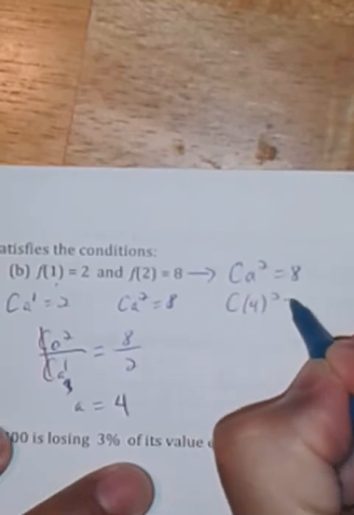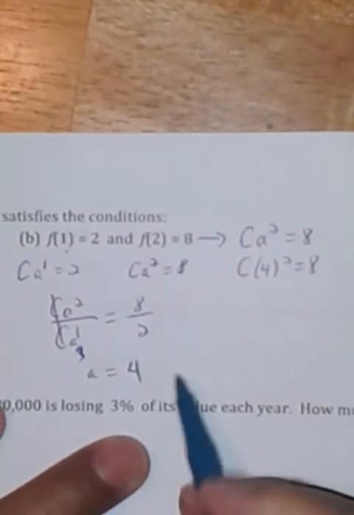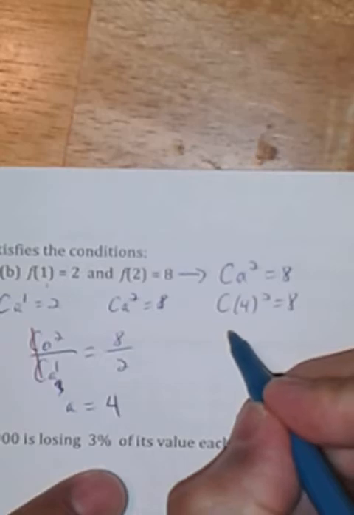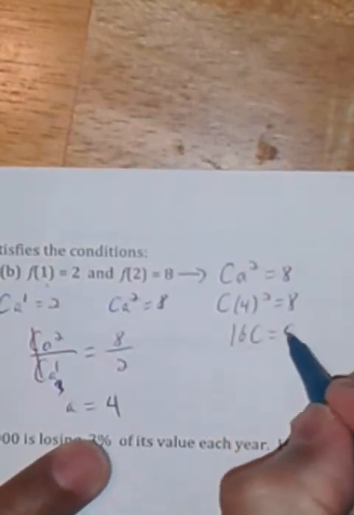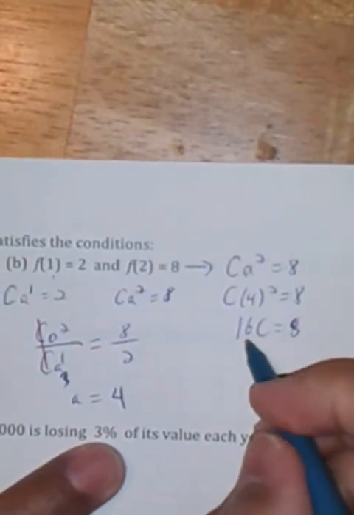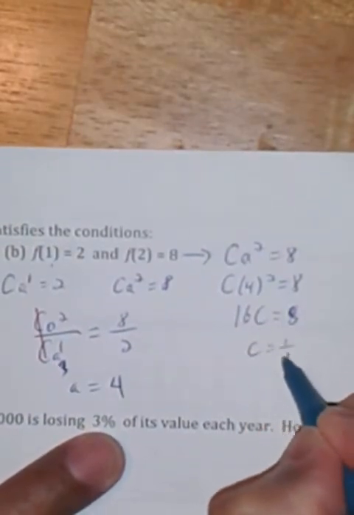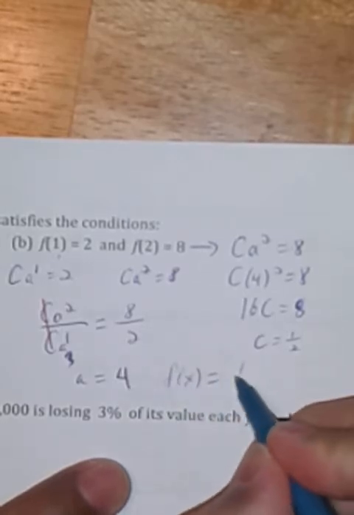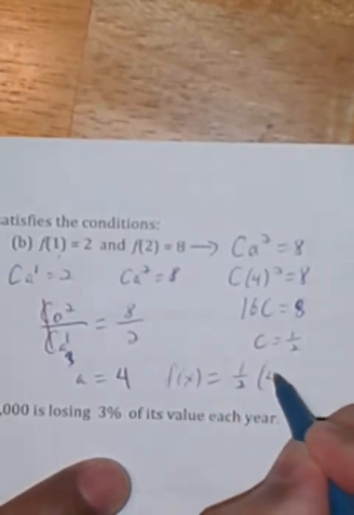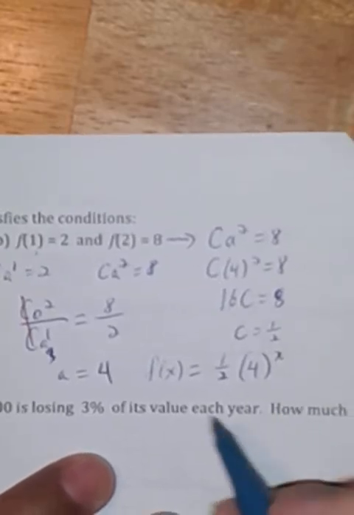A was 4, so this is c times 4 squared equals 8. This is 16c equals 8, and if we divide by 16, we get c equals 1/2. So we have f of x equals 1/2 times 4 to the x power. And that's our answer.